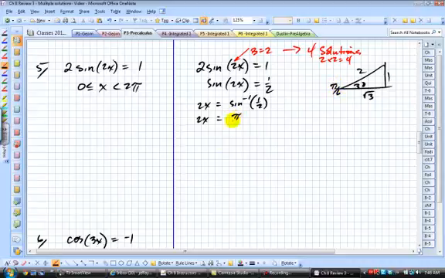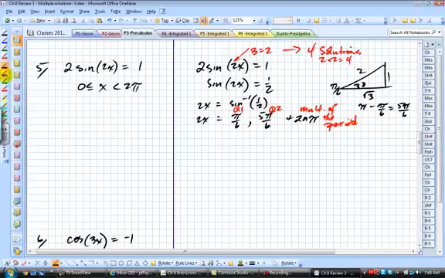So I get pi over 6 in quadrant 1, and pi minus pi over 6 gives me 5 pi over 6 in quadrant 2, plus multiples of the period. Once more, this is quadrant 1, this is quadrant 2, and this is multiples of the period. And that's how you get more and more solutions, as many as you want.